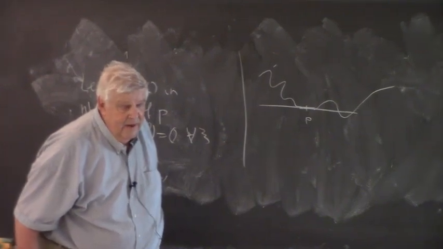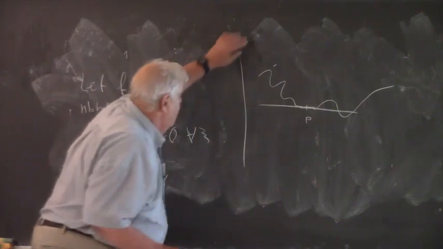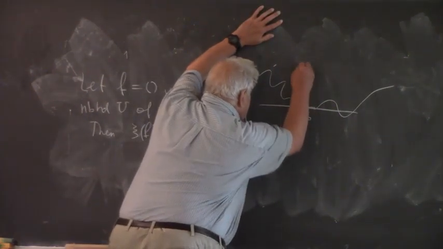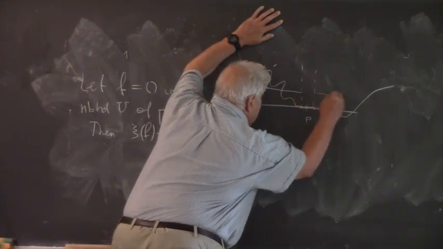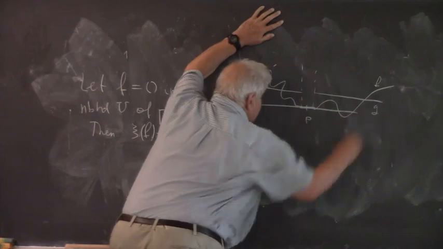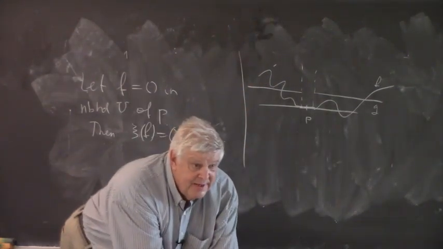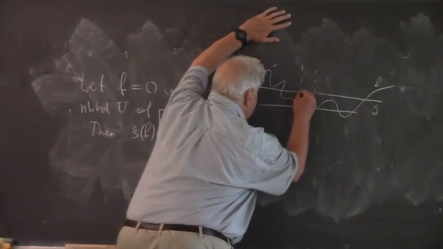Now I consider another function, g, which is 1 in the complement to some smaller neighborhood than U, and still it is 0 in some neighborhood of p.